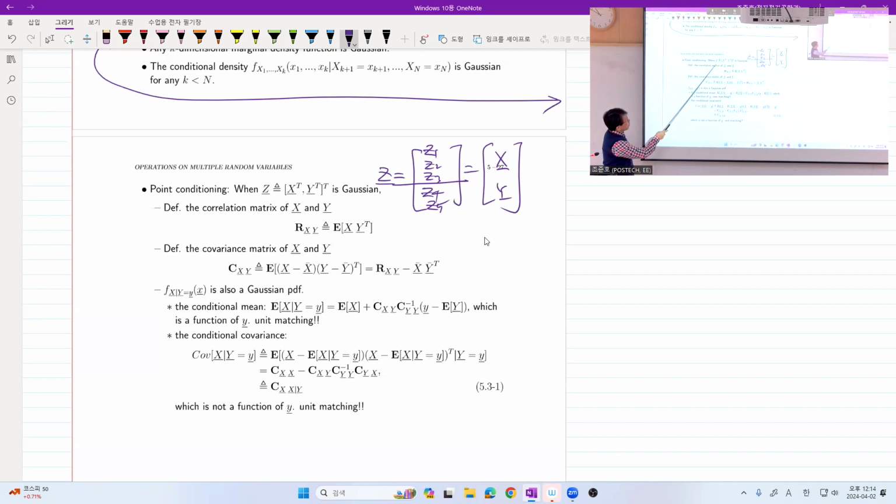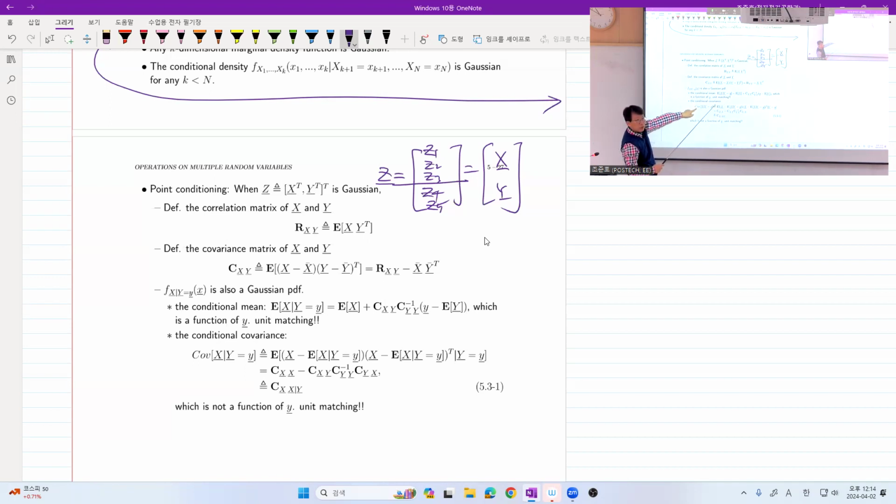By the way, the correlation matrix and covariance matrix can be defined similarly to the correlation and covariance. And here goes the interesting thing. When Z is Gaussian, as I told you, the conditional density is also Gaussian. The conditional mean is what? An affine function. The best affine approximation.